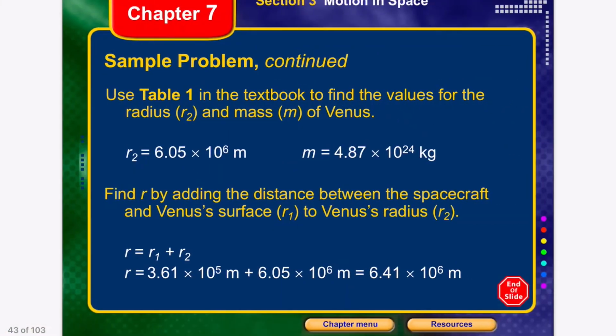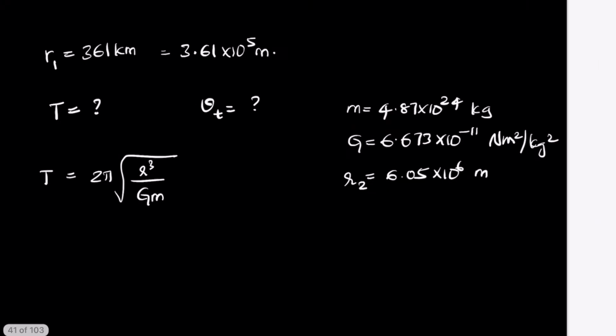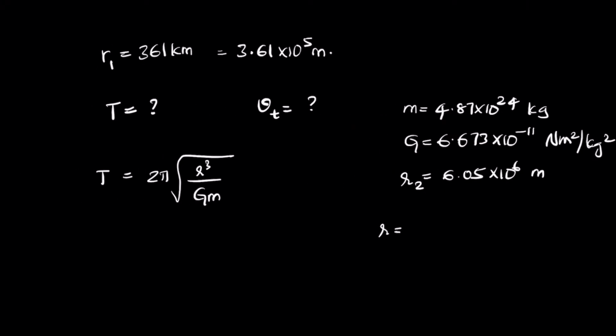So we have to calculate the actual total R. So the R value becomes R1 plus R2. R1 is 3.61 times 10 to the power of 5 plus 6.05 times 10 to the power of 6.